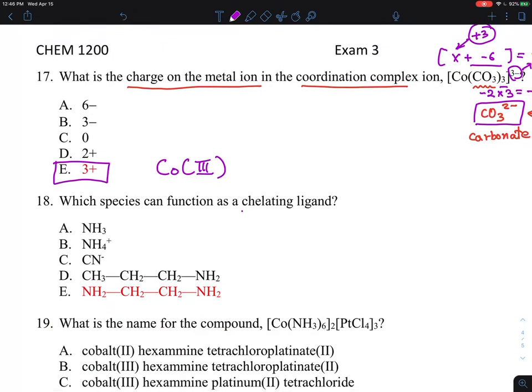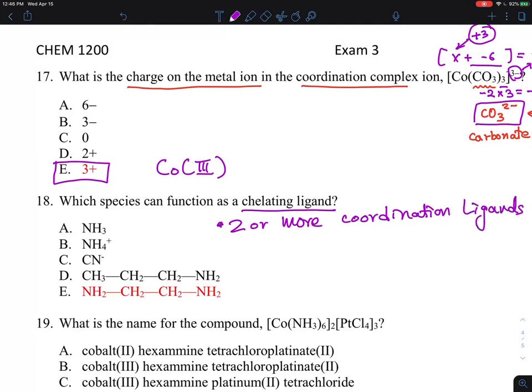Number 18 asks which species is a chelating ligand. A chelate is a compound that has 2 or more coordination sites, 2 or more coordinating ligands.